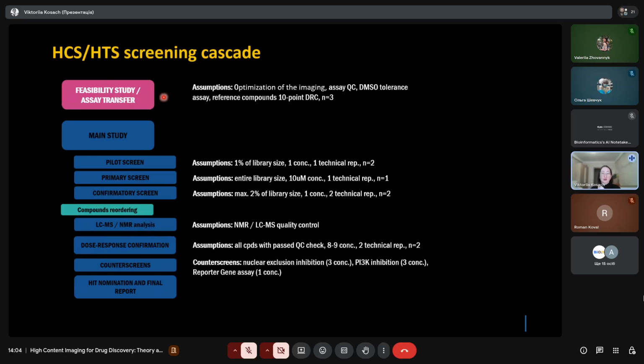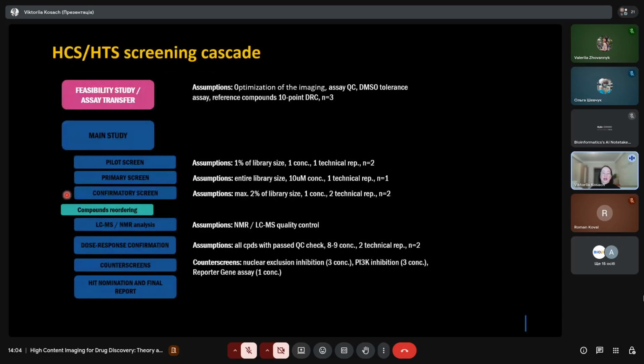So we had to optimize the imaging, assess the QC, test the solvent or vehicle tolerance of the cells, etc. Then during the main study, we tested at the beginning a small amount of the reagent compound library, and then it was a primary screening of the whole 100,000 compound library.